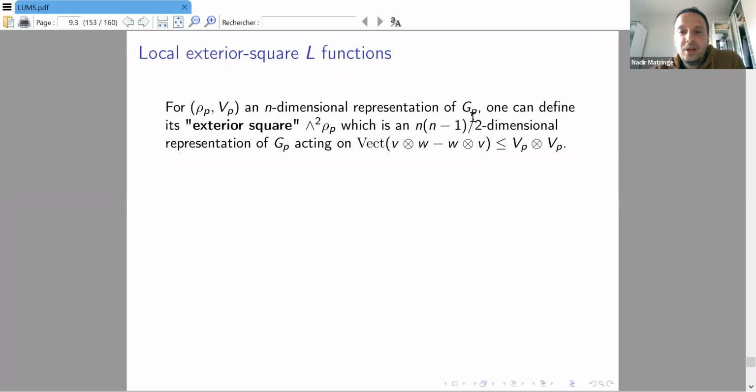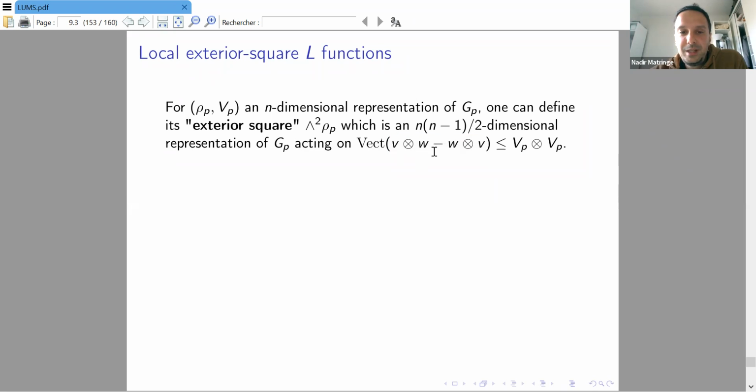The group G_p acts on V_p, so it acts diagonally on the tensor product V_p ⊗ V_p. On this tensor product, you have a diagonal action of G_p. And you have a stable subspace inside the tensor product, which is the subspace generated by the differences of the following form: v⊗w minus w⊗v.